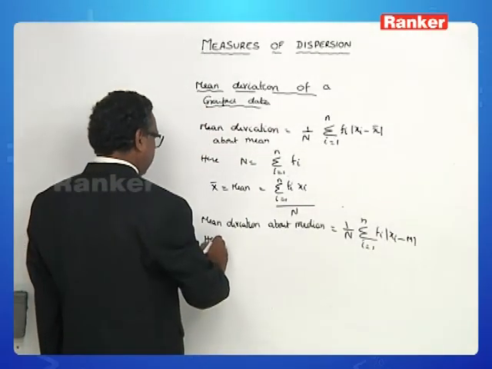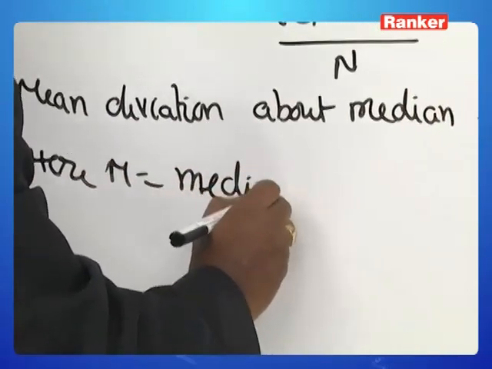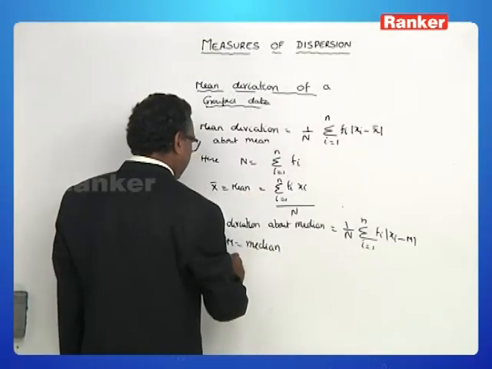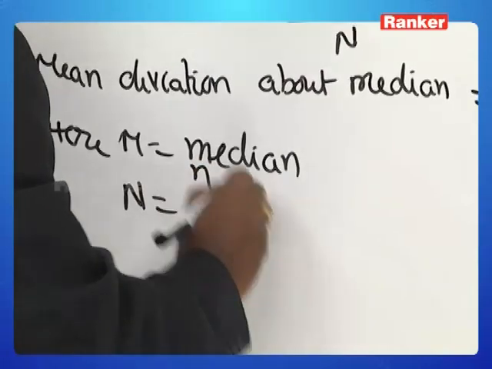Here m is equal to median, and n is equal to sigma i runs from 1 to n fi.